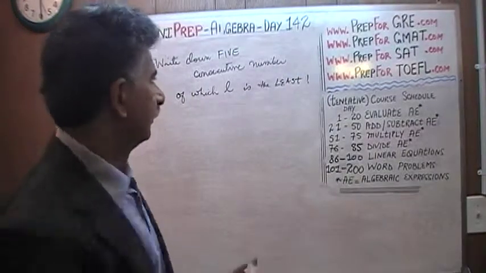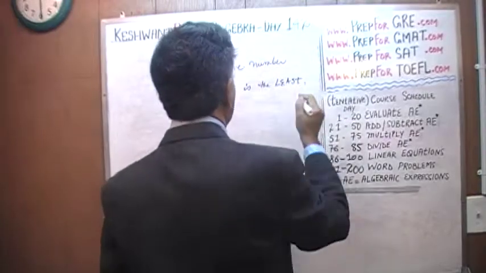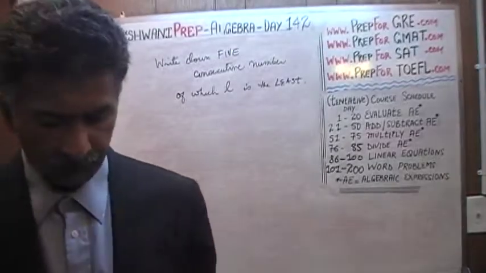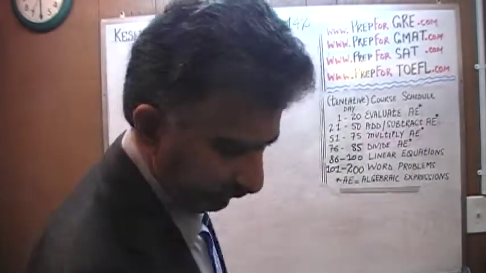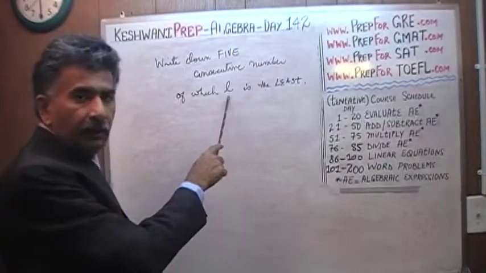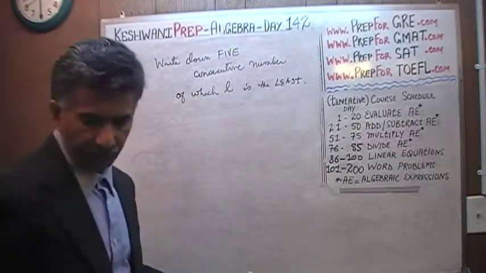That's all we are asked. Can we write down 5 consecutive numbers if we have to show that this L is some number, the least, L for the least? How do we do it?